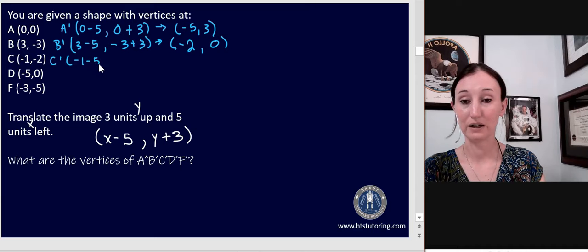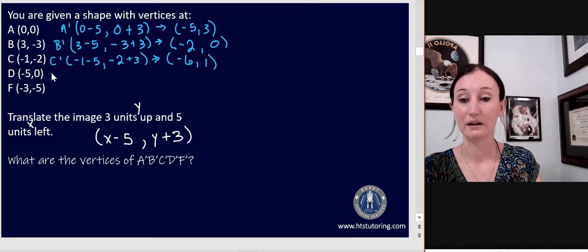Negative 1 minus 5 is -6, and -2 plus 3 is 1. Go ahead and calculate D prime and F prime on your own.